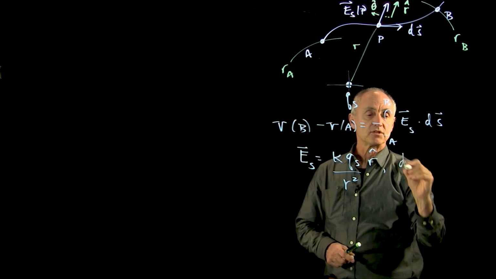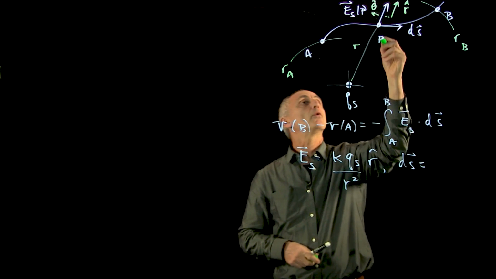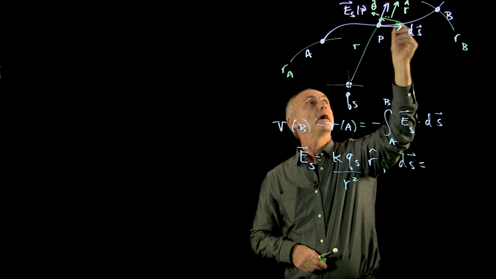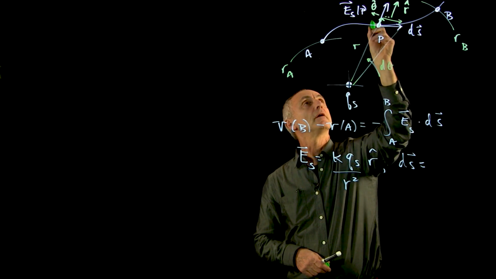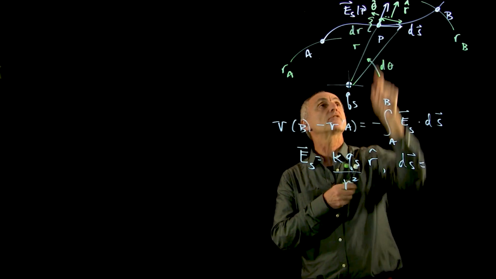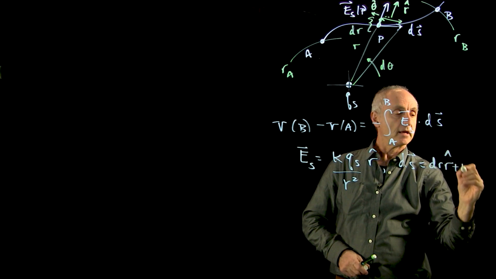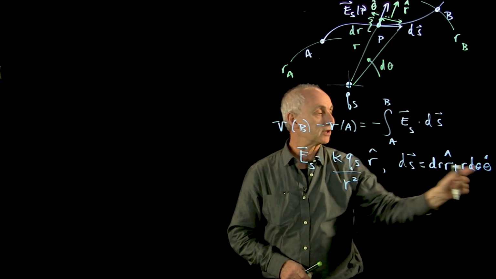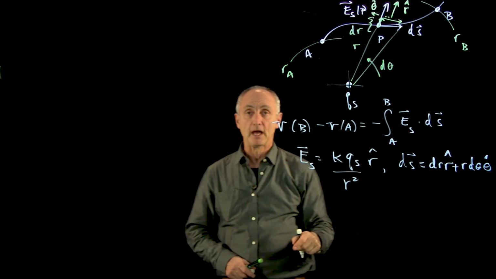And the displacement ds in this coordinate system, well, we've talked about this before when we had work, but we'll just imagine again that if you displace a little bit this way and then a little bit that way, where you have some angle d theta, and over there is dr, then our displacement vector can be thought of as a radially outward part and a tangential part. But the tangential part won't make any difference because the dot product of r hat and theta hat is 0. And so once again, only the radial part matters.